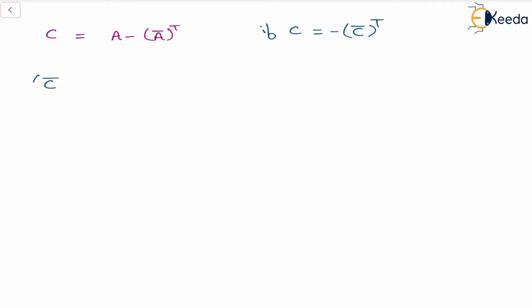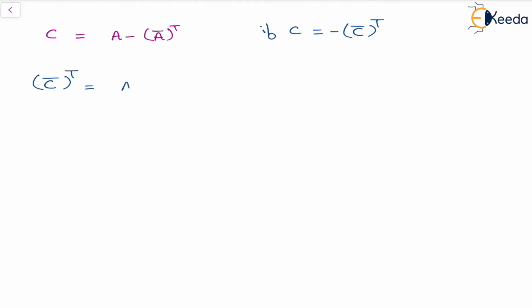Similarly, if we consider a third matrix C as A minus A transpose conjugate, now if we can prove that C is negative of C transpose conjugate, then we can say that C will be a skew Hermitian matrix. So let us try to find C transpose conjugate in this case.